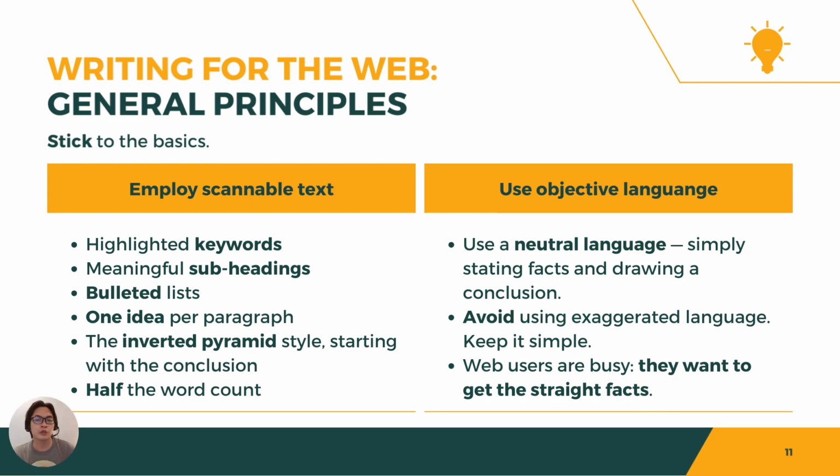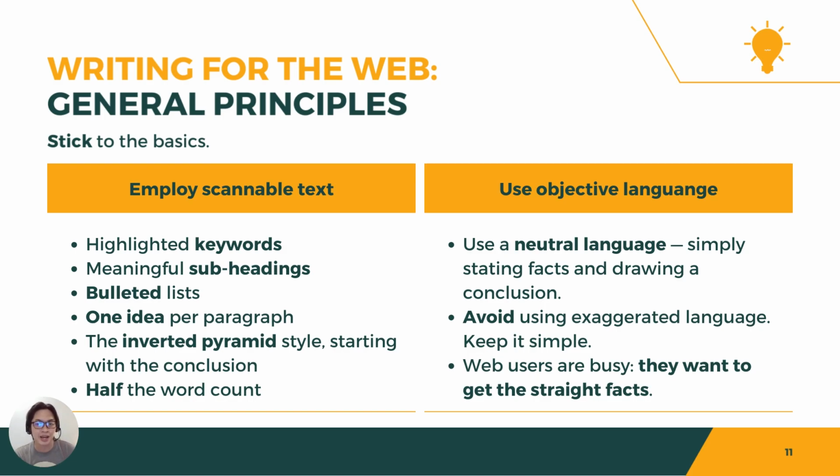The fifth one would be using the inverted pyramid style, starting with the conclusion. This means starting from the conclusion and ensuring that the who, what, where, when, why of a piece of copy appears at the beginning with other main points following on.